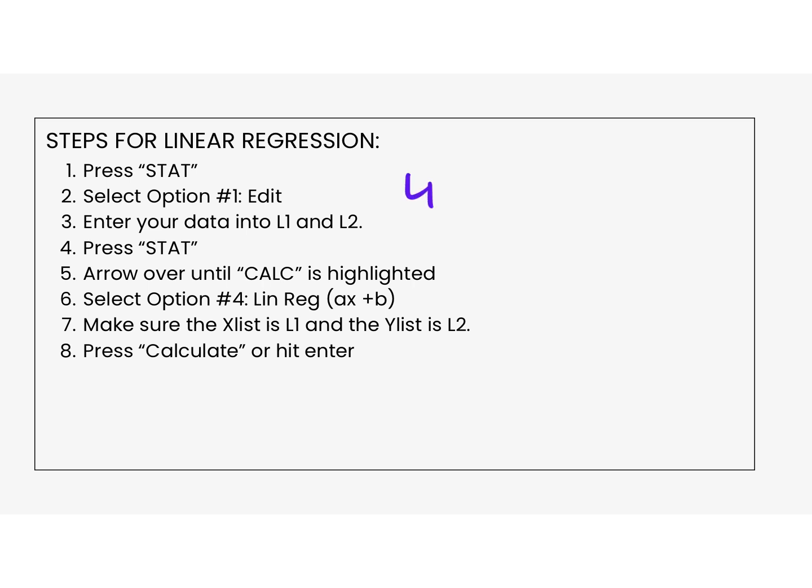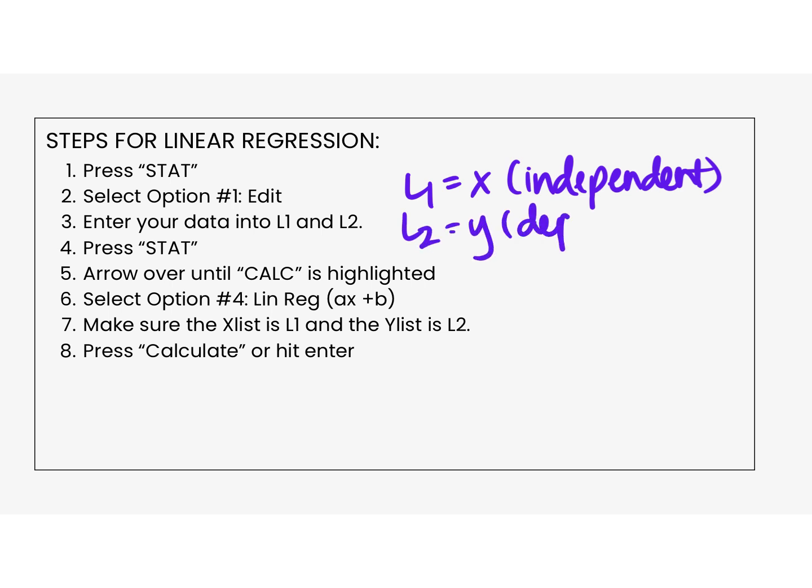L1 is going to be your X values or your independent variable, and L2 is going to be your Y or your dependent. To do this, you just type in your number and then hit enter, and it will scroll down to the next one. You do that for all of your data.